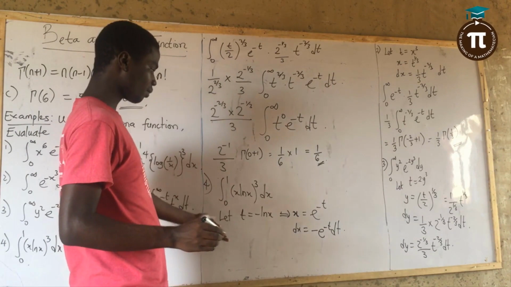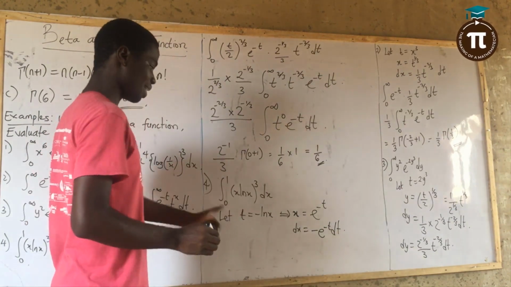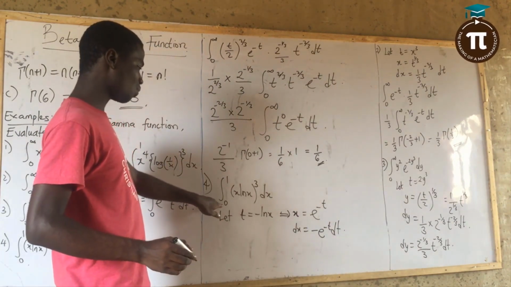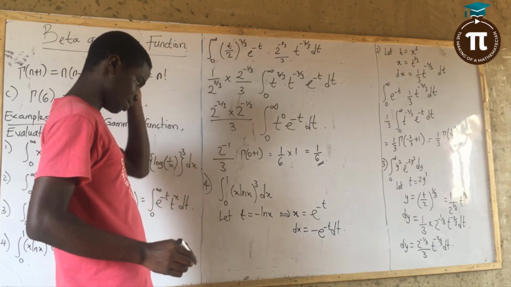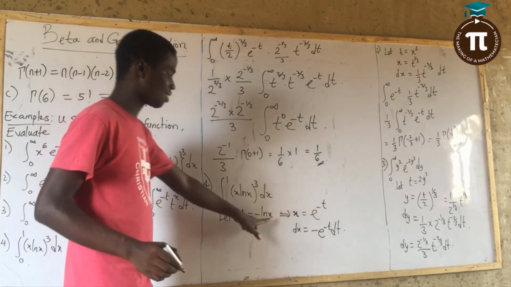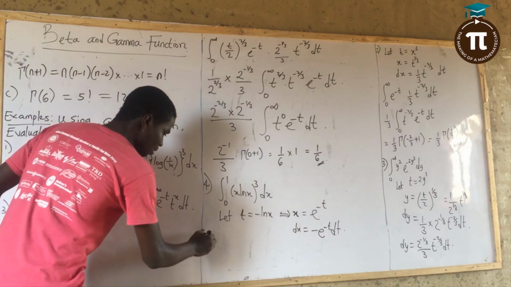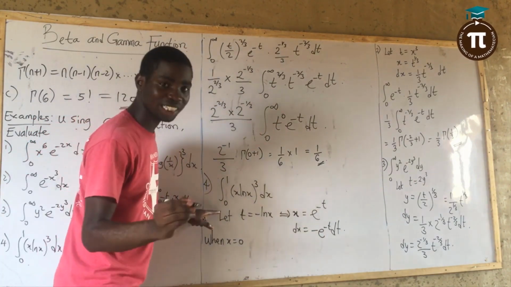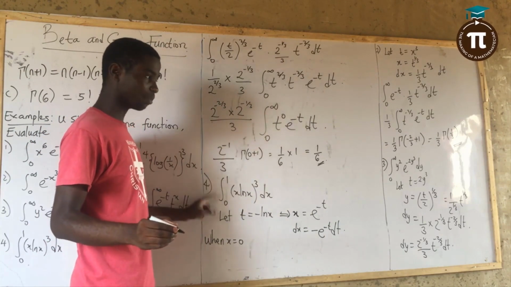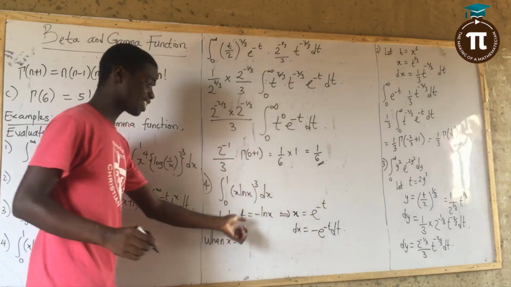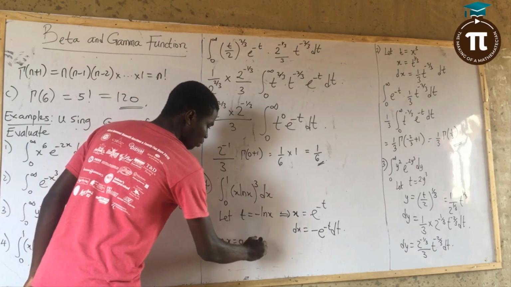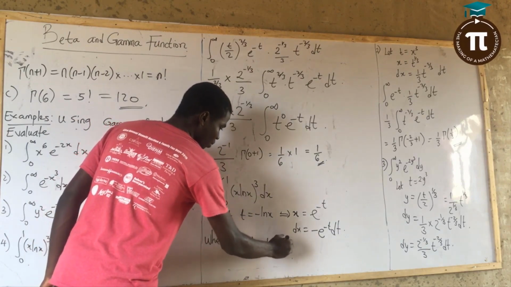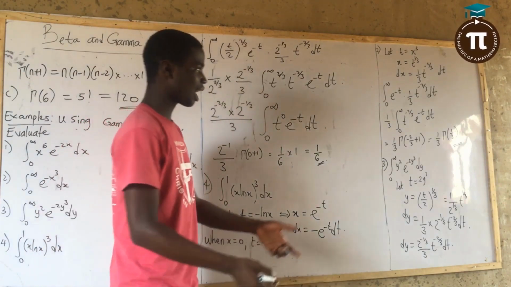Now, in this case, when s is 0, what is t? We have to change the bounds of the integral as well. When s is 0, that means t will be equal to minus ln 0. Ln 0 is minus infinity. How do I know?